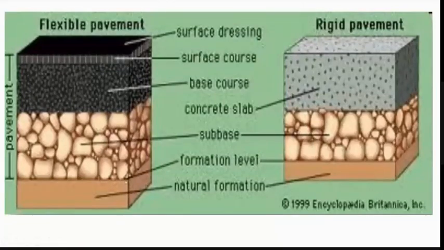If good quality soil is there, then the same soil is compacted. We are not getting it from outside, but the same soil is compacted and prepared, that is the prepared subgrade. Then we will have a subbase, base layer, and wearing course. So this entire structure, the layers of pavement materials used, we call a pavement.